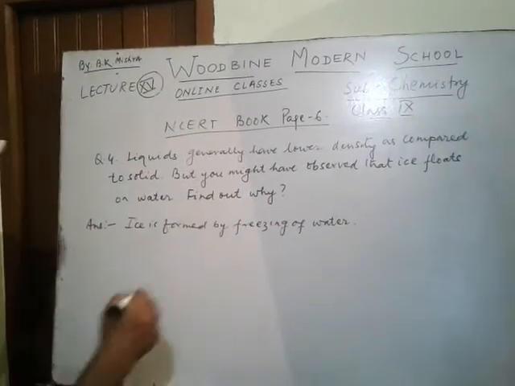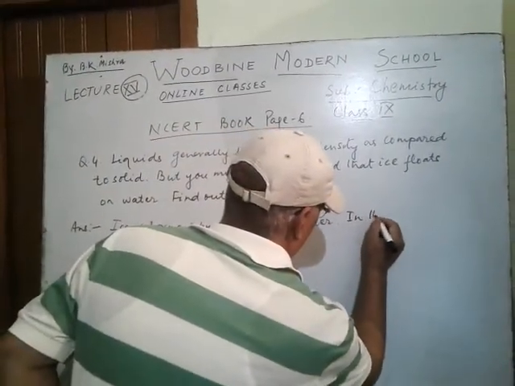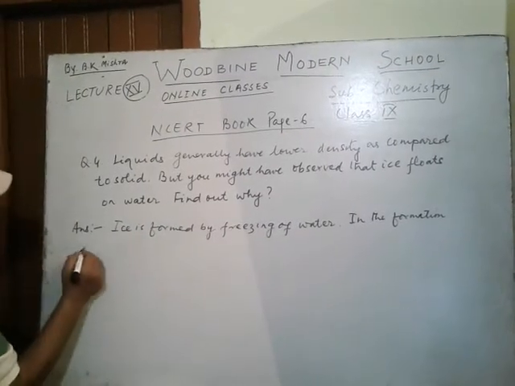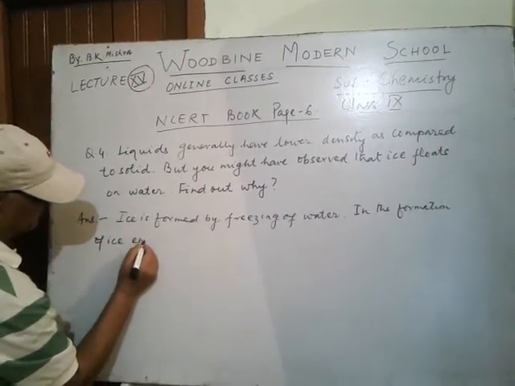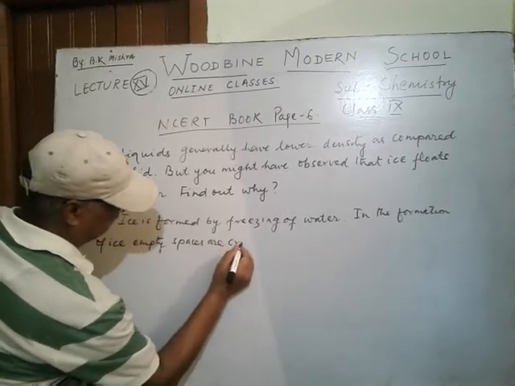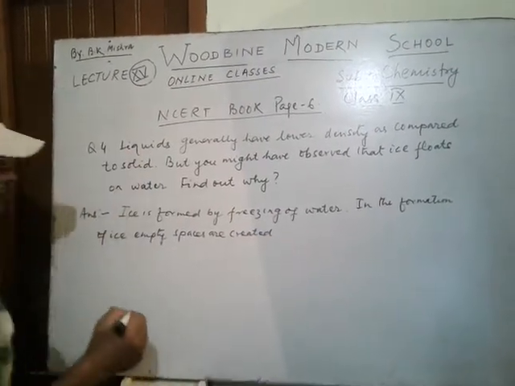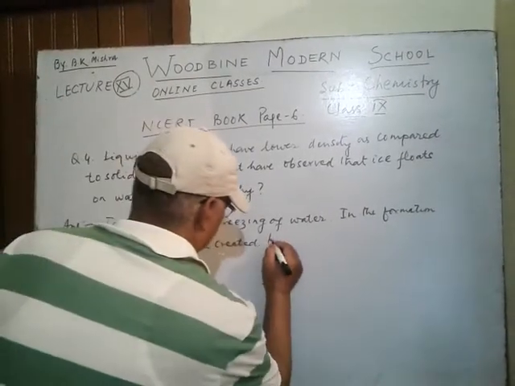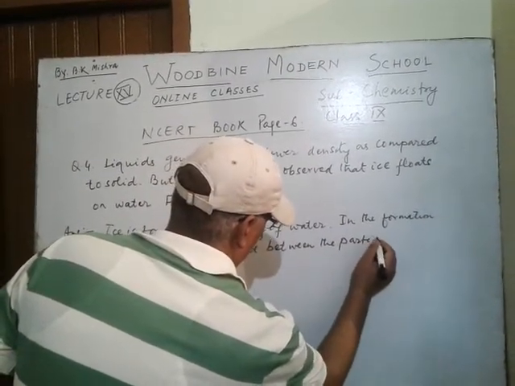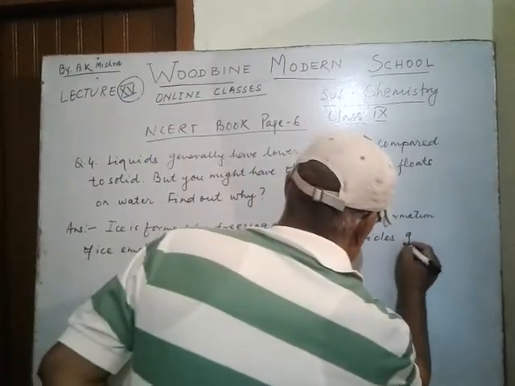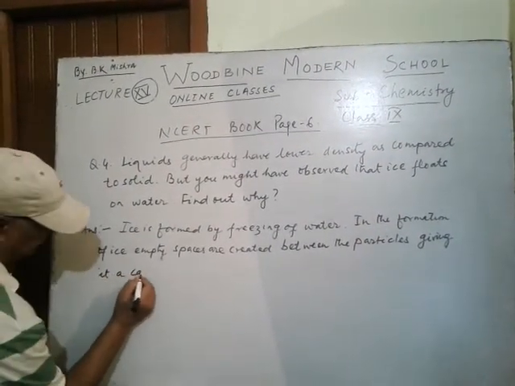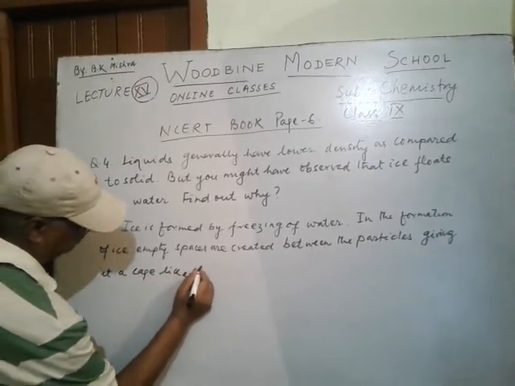Now in the formation of ice, empty spaces are created between its particles, giving it a cage-like structure.